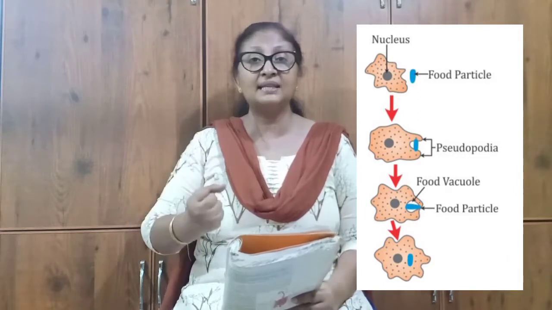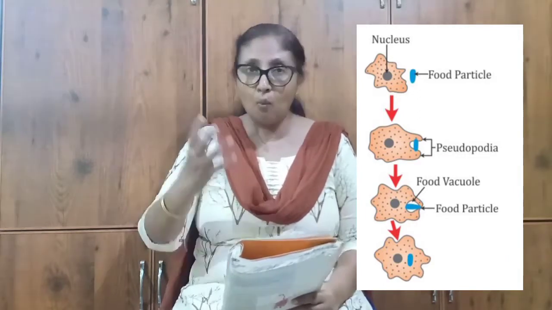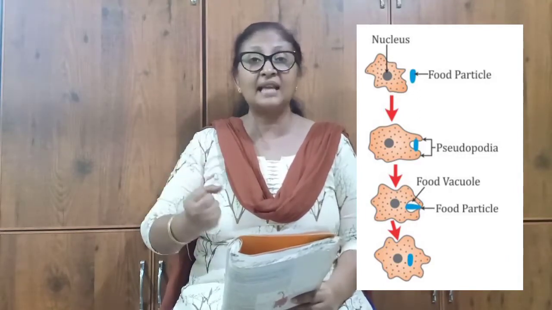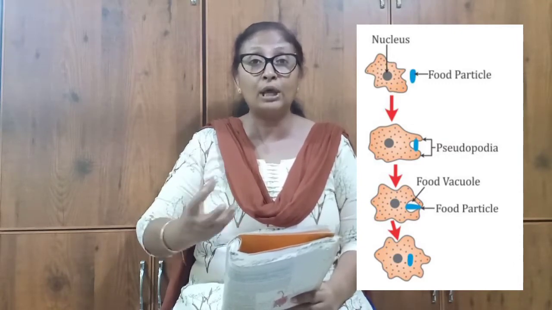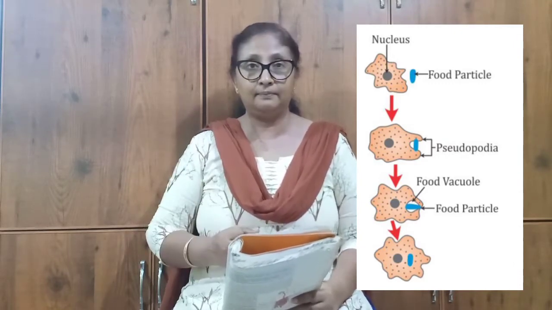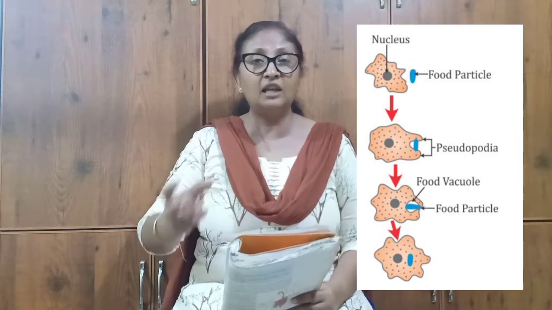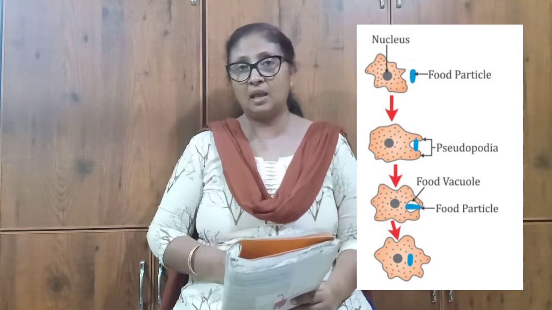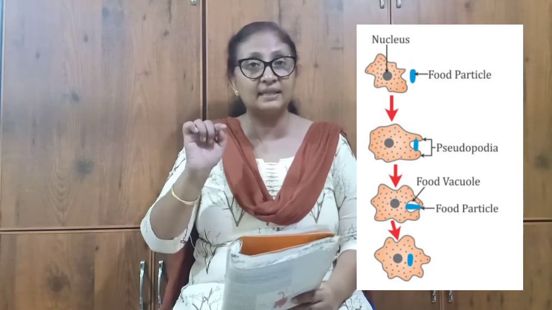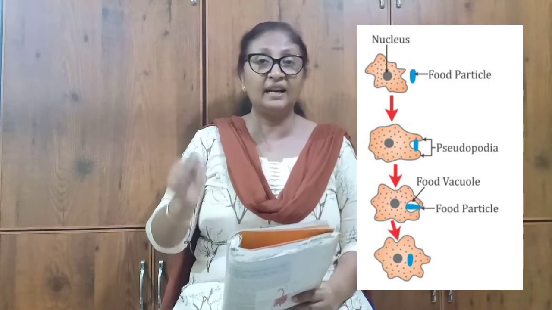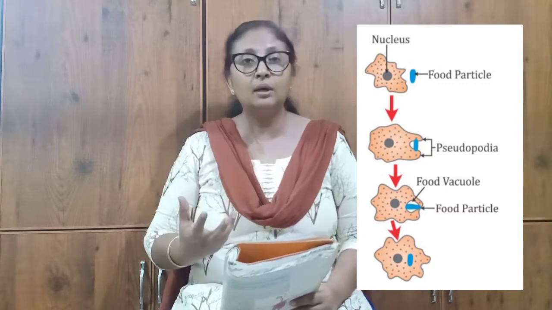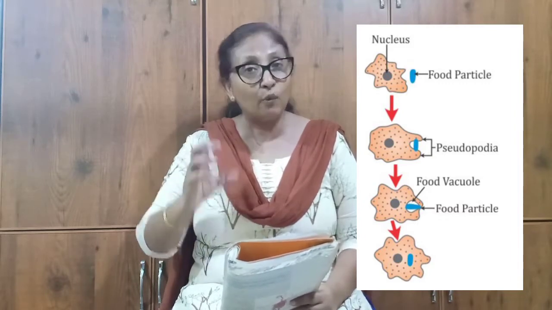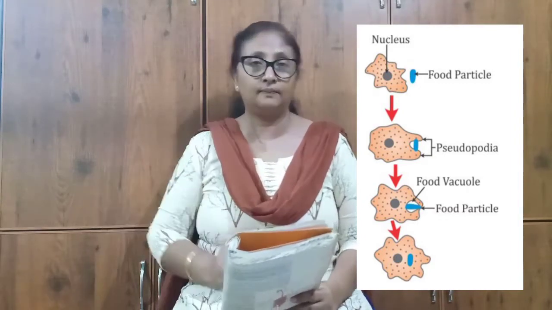Once the prey is engulfed, it is incorporated into the body of the amoeba and it forms a food vacuole. This food vacuole is then digested, absorbed and assimilated into the body of the amoeba and the waste is ejected out.